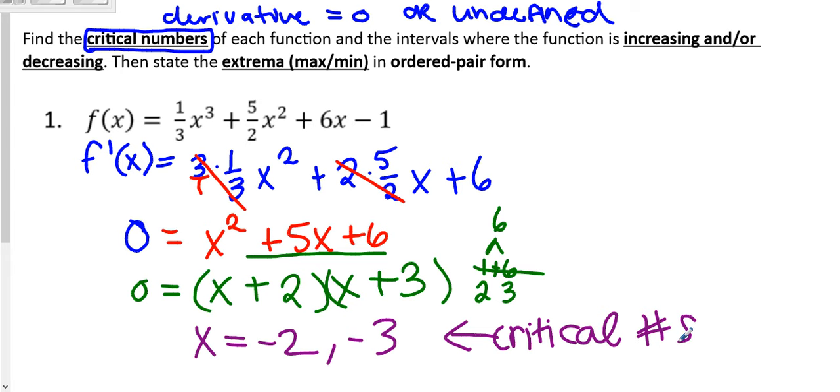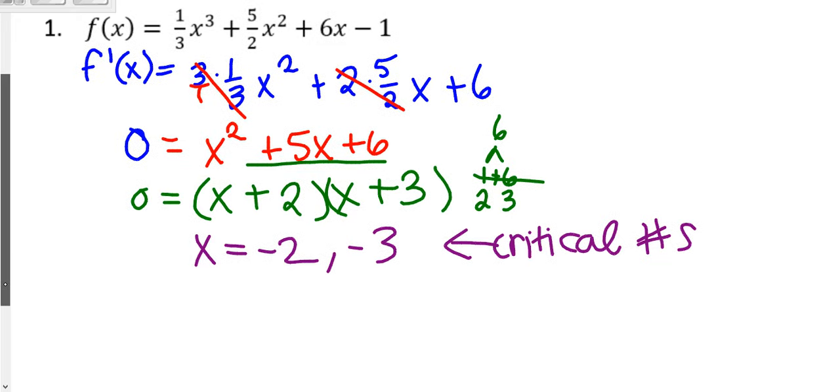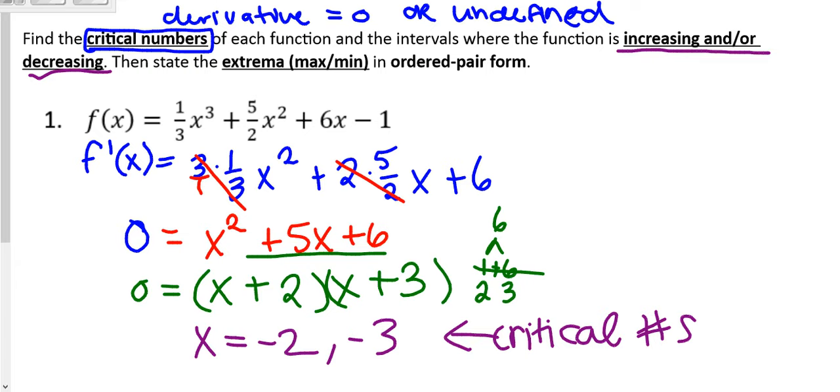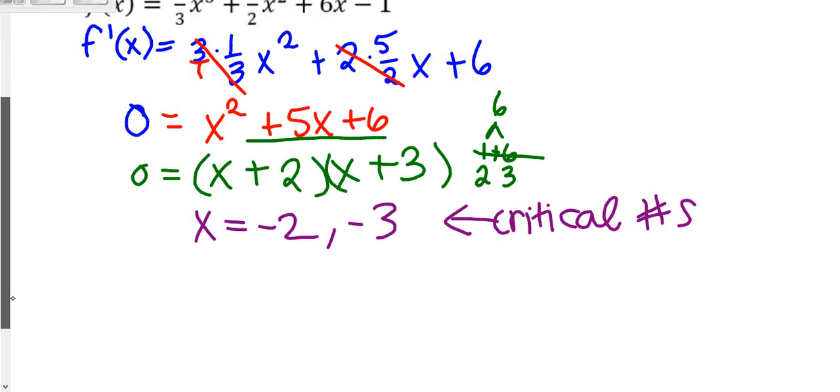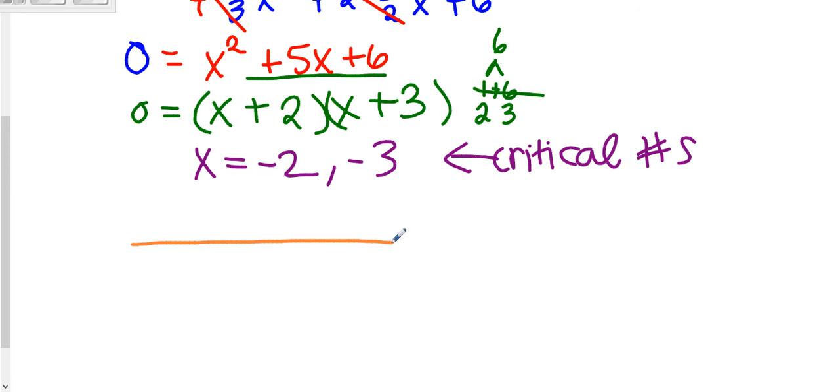Now, once we have found our critical numbers, we use those to help us solve the rest of the problem. So we need where our function is increasing and or decreasing. So that means that we need to look at these critical numbers and put them on a line. So we are going to have a number line. -3 is the smallest number, and then -2.